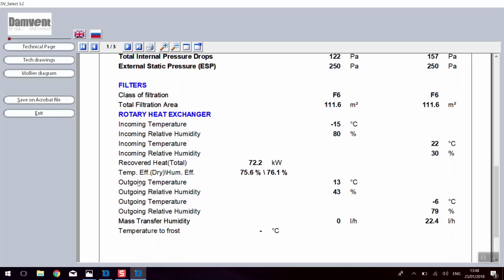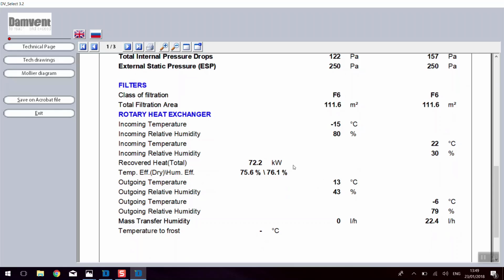Normally we provide the dry efficiency, but also the humidity efficiency of the rotary wheel. And the humidity efficiency, if it's a sorption wheel, you will notice is always some percentages higher than the dry temperature efficiency.